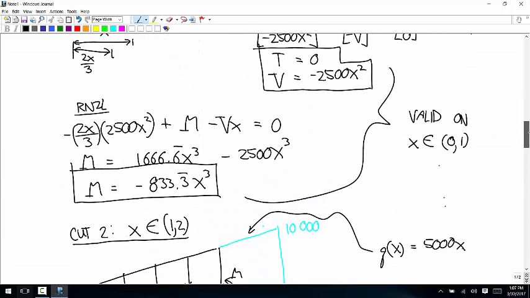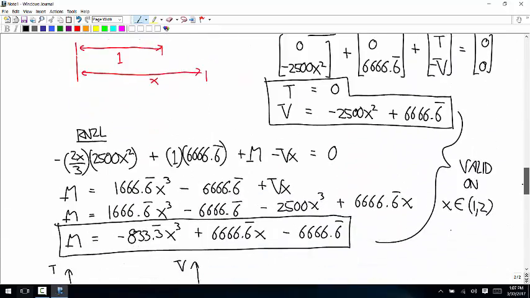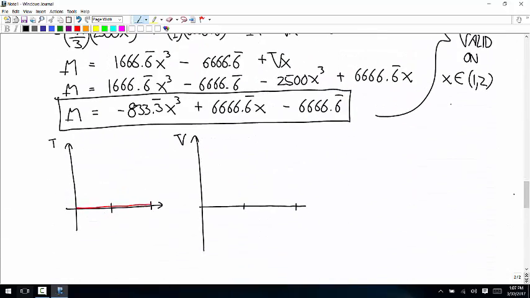So we had negative 2500x squared. So it goes from 0 to negative 2,500 at the midpoint.